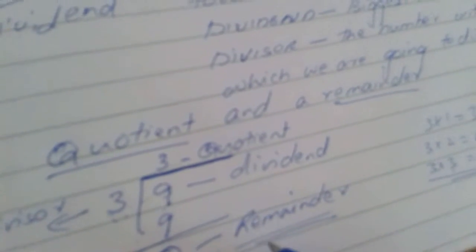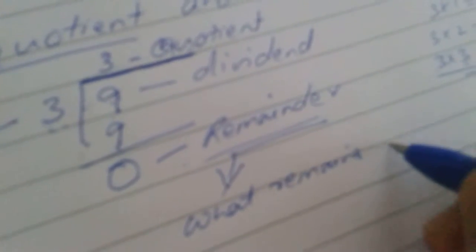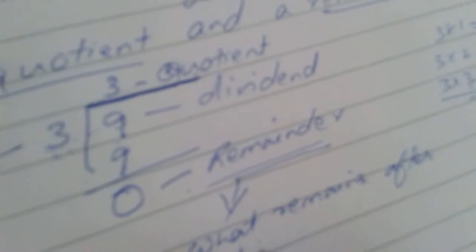What remains after a division is called a remainder. So here in this case, there is nothing remaining after division.